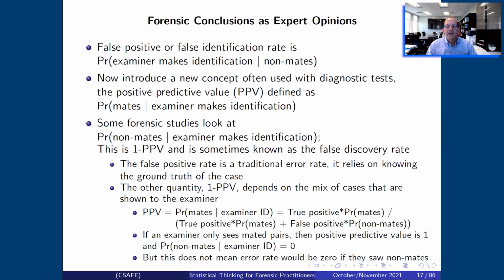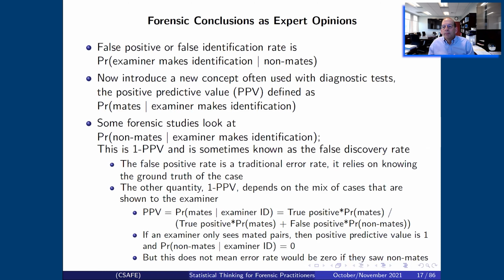The positive predictive value is if the test came back positive, drug test or COVID test, or in our case, if the examiner makes an identification, that is the examiner in the case is the diagnostic test, if they come back positive and say identification, we might ask, what's the probability that they really do match or that you really do have COVID? That's known as the positive predictive value of the test.